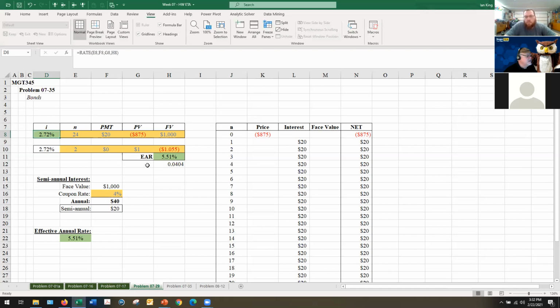When you're trying to do something like this, which is the effective annual rate of return, you take 1 plus your rate of return, to the power of how many periods compounded, which is 2, and this is straight out of chapter 4, and the periods down in this chapter.